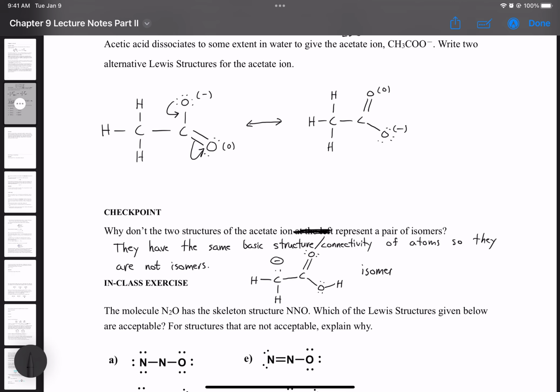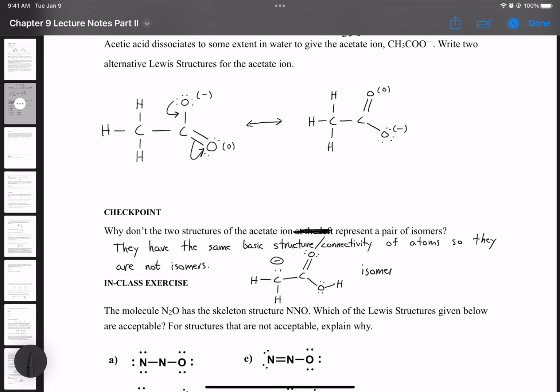This wouldn't actually be called acetate. You would call it something different. We call it a carbon anion, and it's not predicted to exist. But in theory, in terms of structures, this would be an isomer of the acetate ion, not isomers of each other.